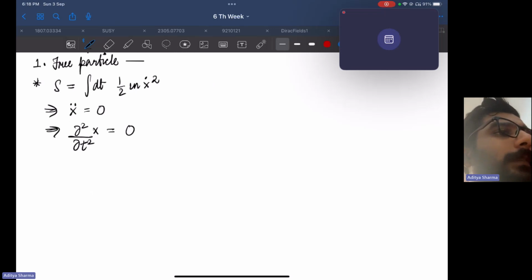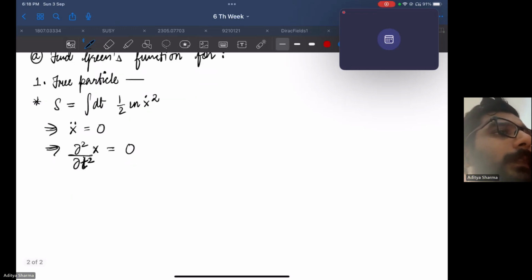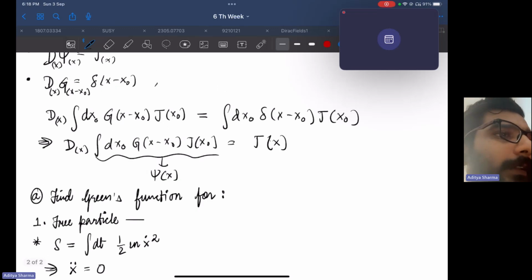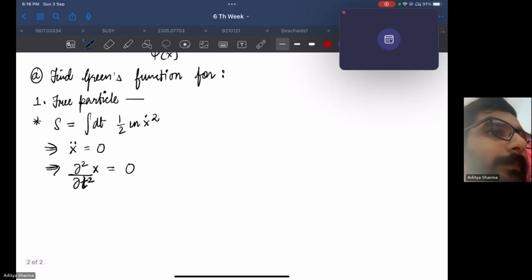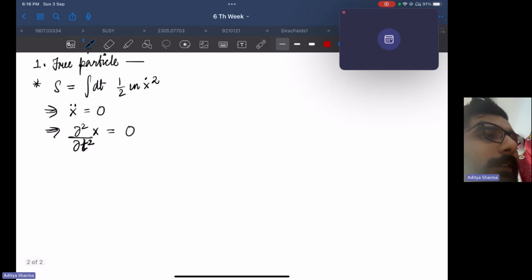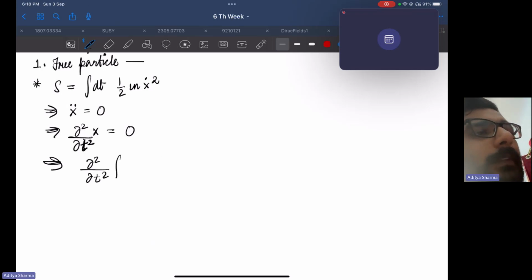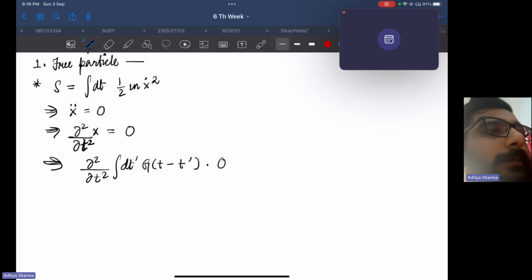And we need not actually worry about the Green's function here, right? Because if I were to write whatever I was saying, that integral of dt prime G of t minus t prime, here I'm just going to put it as 0.